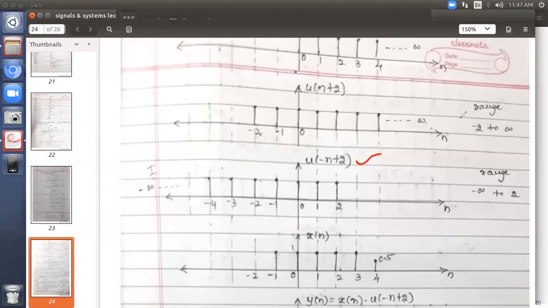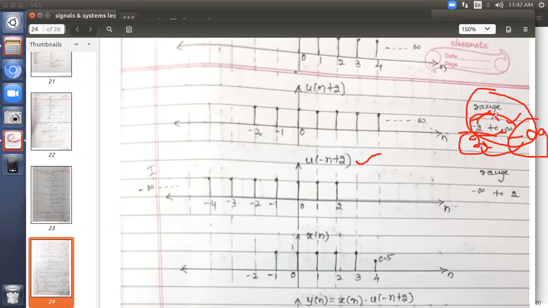So the range is actually, here I have written, original range is -2 to infinity. Put a negative sign before these two. What new range will you get? It will be +2 to minus infinity. But you can't write it like this. You should reverse this range also. Write this first and then this next.